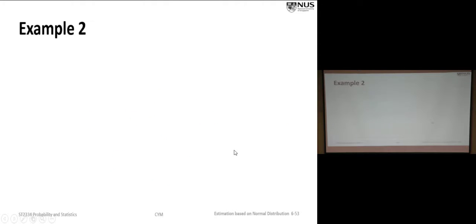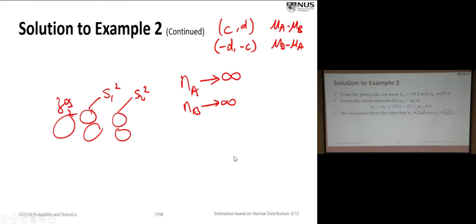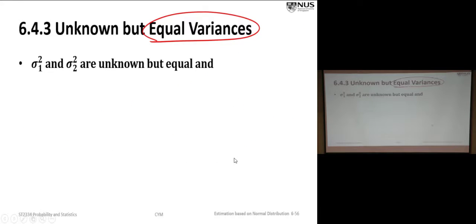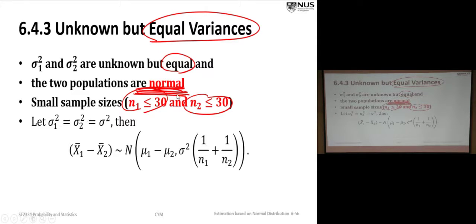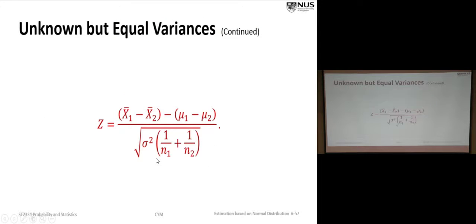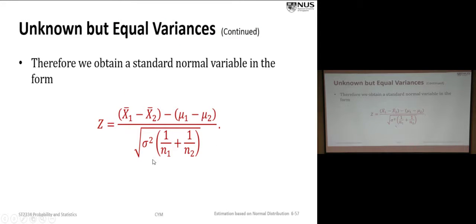All right? Then how about unknown but equal variance? Here I don't specify that the sample sizes are big. I have small sample sizes, the distribution of the population is normal, and on top of that we have equal variance. In this case, this quantity will follow a standard normal.